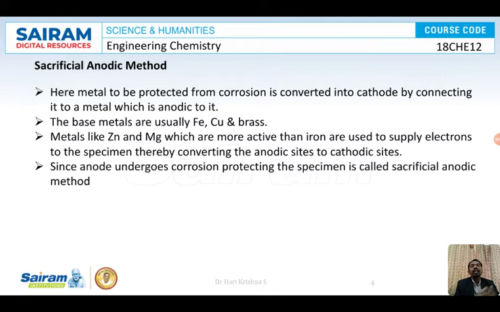Zinc becomes the anode, and iron becomes the cathode. Iron is converted to cathode, and zinc starts undergoing oxidation. So in order to protect iron, zinc is sacrificing itself by acting as anode. Since zinc is sacrificing itself as anode in order to protect the metal, iron or some other metal, it is called the sacrificial anodic method.